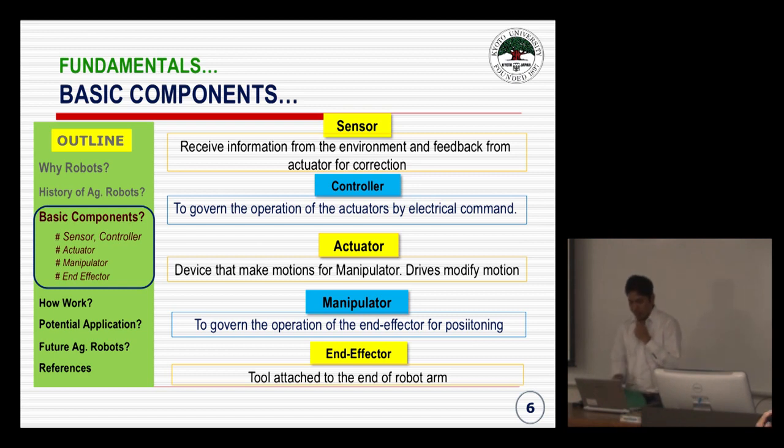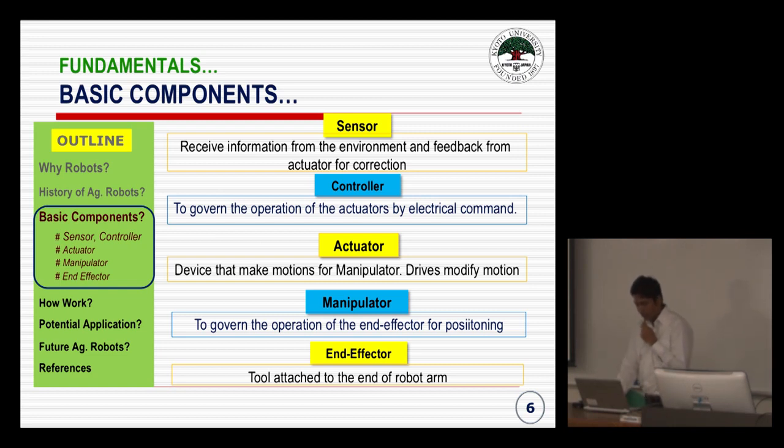What is the function of the defined components of robots? The sensor receives information, as I said before, and the controller governs the operation of the actuator by electrical command. The actuator is a device that makes motions for the manipulator, and there is a drive near the actuator that modifies the motion.